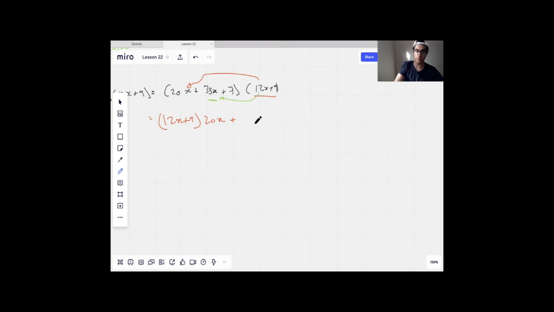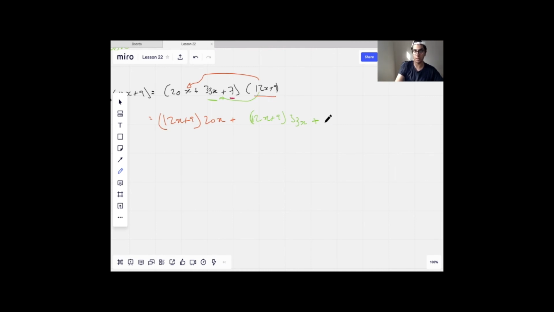So I'll just underline 33x now, plus 12x plus 9 times 7. Again, it's really important to have clear handwriting, because it's quite easy to lose a term along the way, and then your answer can come out wrong. So it's really important to take this step by step and make sure your handwriting is clear and you know what's going on. You keep track of terms, and in doing so it's sometimes helpful to underline things, depending on your personal preference.